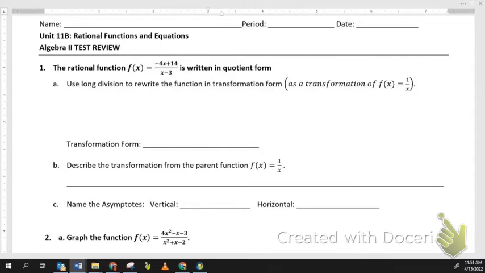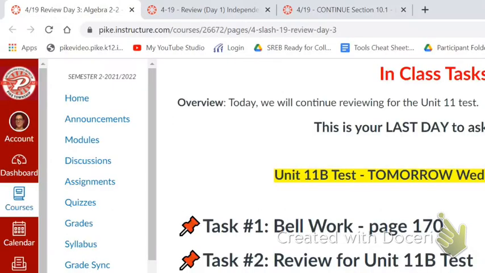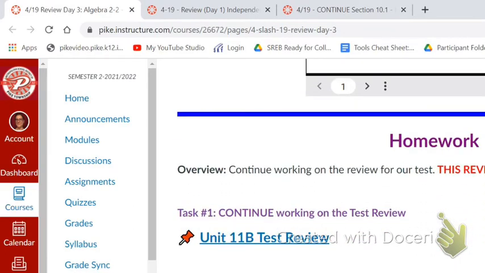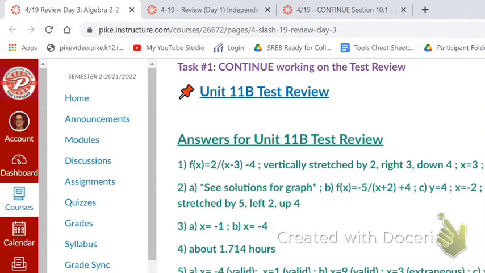The key on Canvas, if you guys want to go and check that out: from our class homepage, if you click the big red button, it'll take you to today's lesson page. That's what I've got up on the screen right now. If you scroll all the way down to the bottom, underneath where it says homework, it has the answers right here.